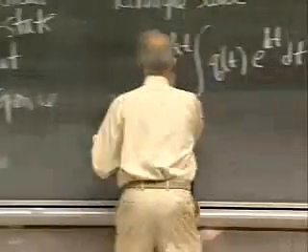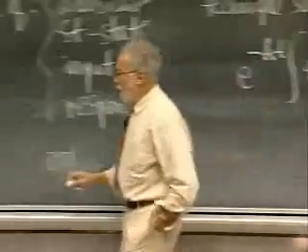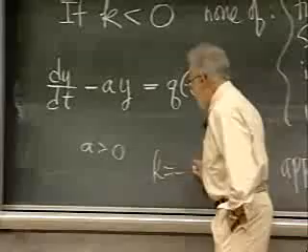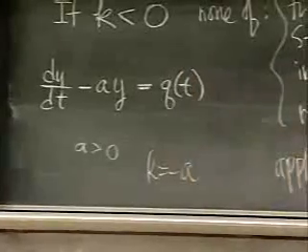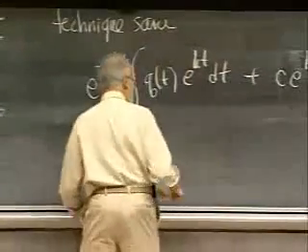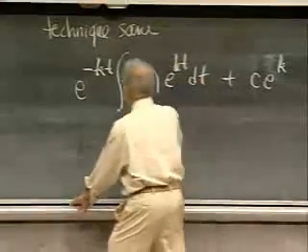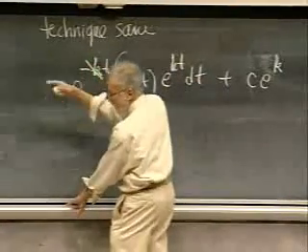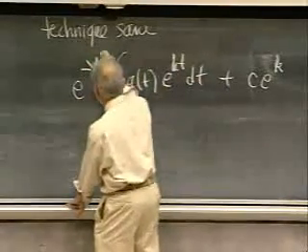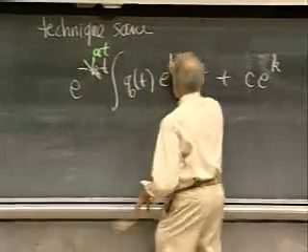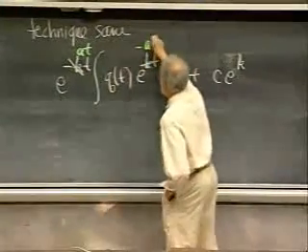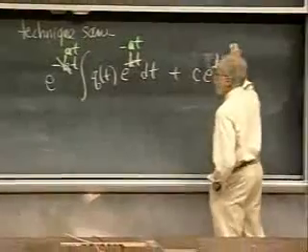Then when I solve, my k is now properly written as negative a, and therefore this formula should now become, with negative k being at, negative at here, and positive at here.